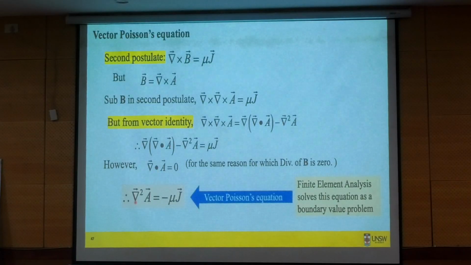This del square is known as the Laplacian. The Laplacian of the magnetic vector potential is equal to the negative of permeability times current density, because this again comes from fundamental electromagnetics. And this is a second order differential equation.